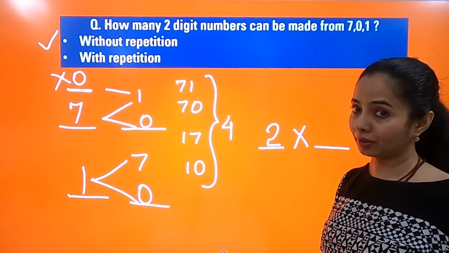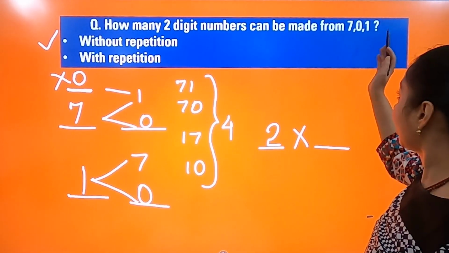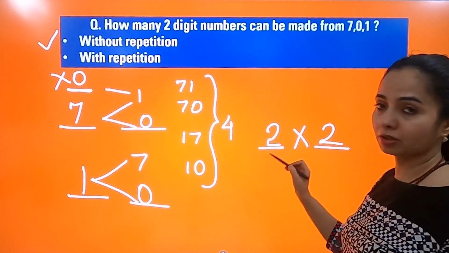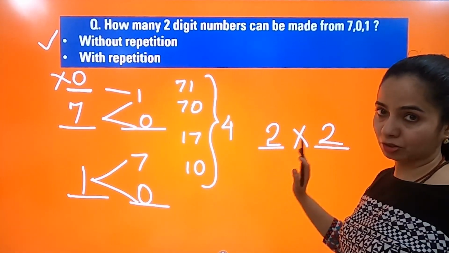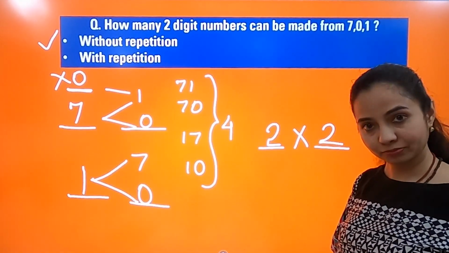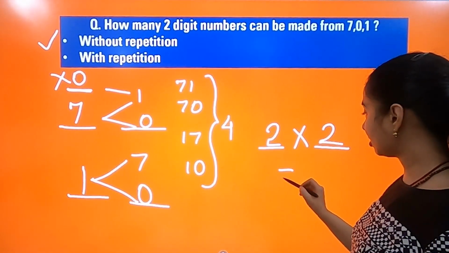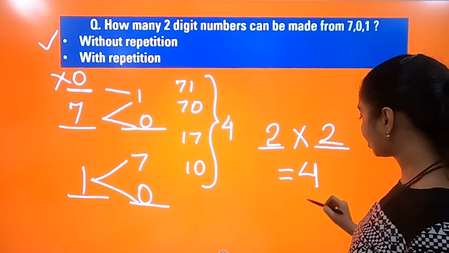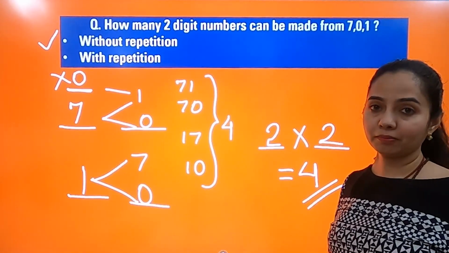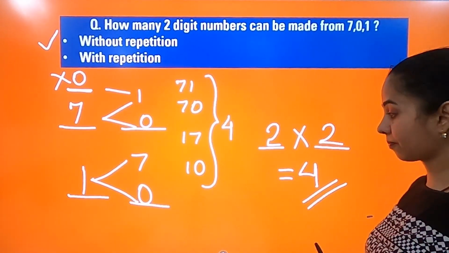Since I am doing it without repetition, I am left again with just 2 options because I have used one of the digits out of 3. 3 minus 1 is 2. Right? So the answer is 4. This is the direct answer. This is by actually making all the possible combinations.